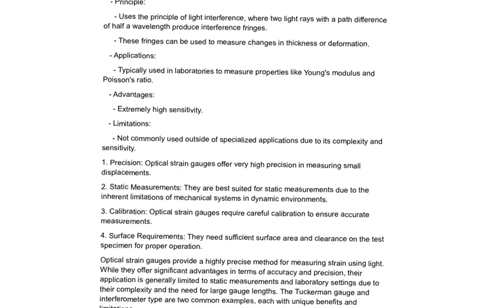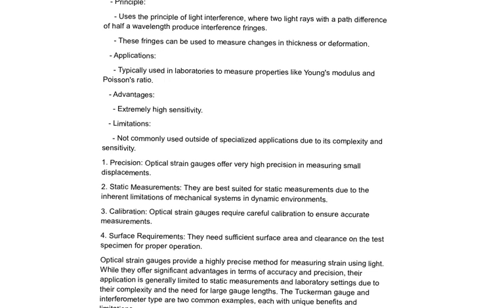Applications: typically used in laboratories to measure properties like Poisson's ratio and Young's modulus. The advantage is extremely high sensitivity. Limitation: not commonly used outside of specialized applications due to its complexity and sensitivity.